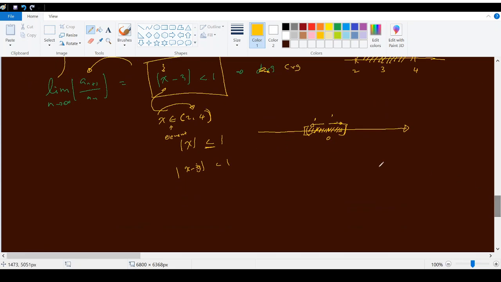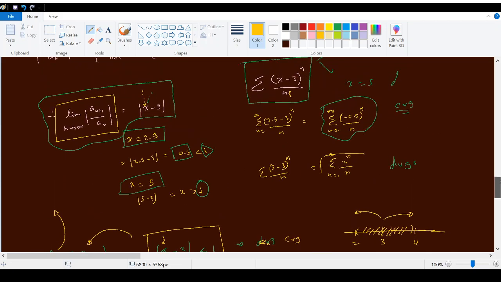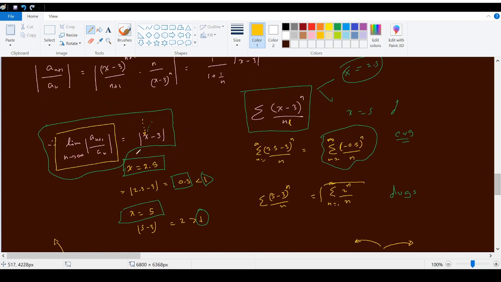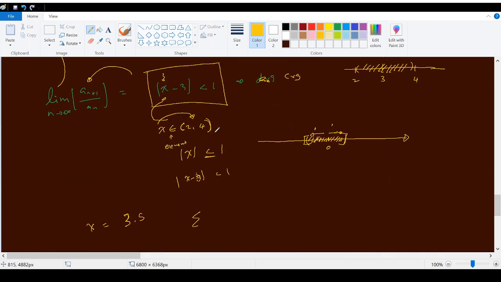Say for example, if we choose any value from this set, let's take 3.5 as x, which is in this set, right? Then our series will become, now the original series was this one. Previously I used 2.5, that is also within this region, right? So when you substitute 3.5, you will get the series 0.5 to the power n divided by n.